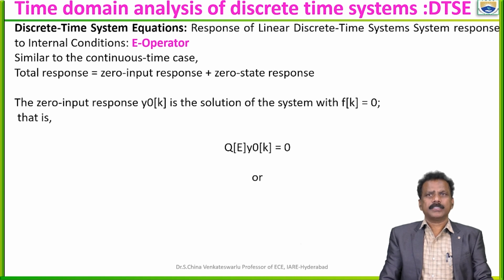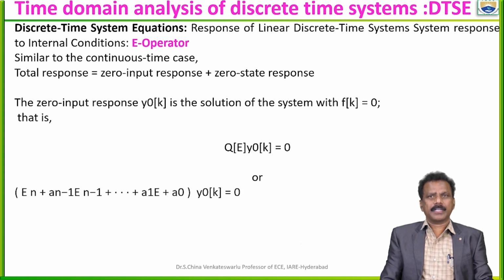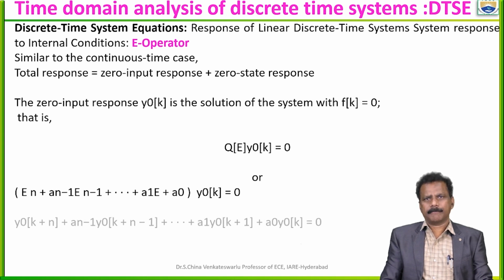Q of E y naught of k equal to 0, or otherwise we will try to verify that E^n plus a_{n-1} E^{n-1} and so on, a1 E plus a naught, product of this y naught of k equal to 0.